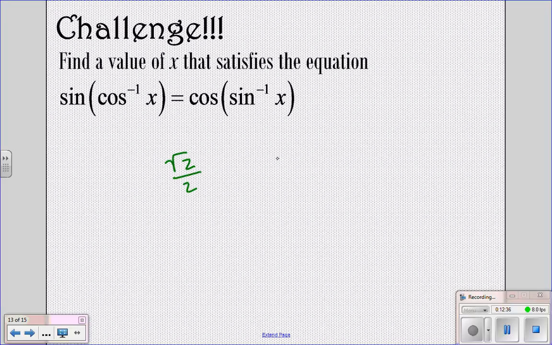You can check it with your calculator if you want. That's the one that the book gives. It says it's a possible answer. I believe that 0 and 1 may also work. I don't have a calculator that has trig functions handy to check and make sure, but I think those two may also work. You can easily plug them in and check and see. Besides that, I don't think that there are any others that will work though.